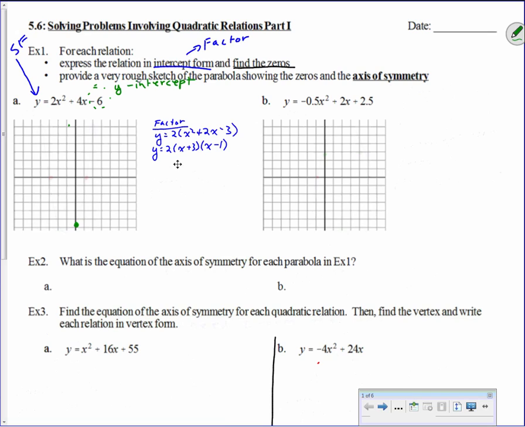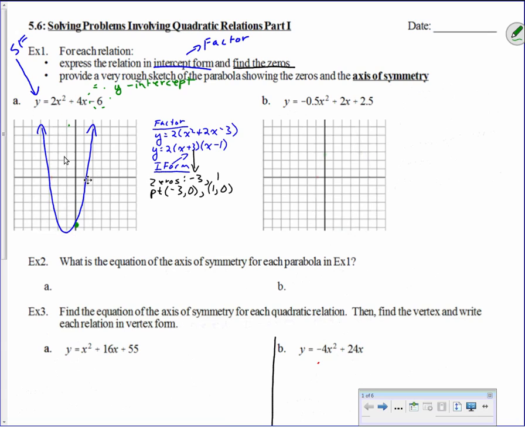Now, that tells us what our zeros or x-intercepts are. In this case, we have the intercept form, which means that we have -3 and 1 for our zeros. So we can plot them on our graph and then draw our parabola.